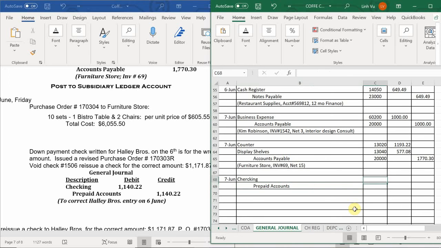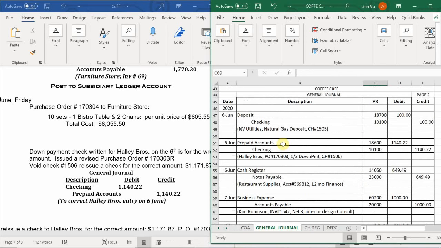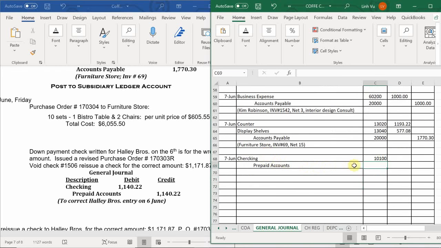Okay. Checking is 10,100. And prepaid accounts is 18,600. Okay.